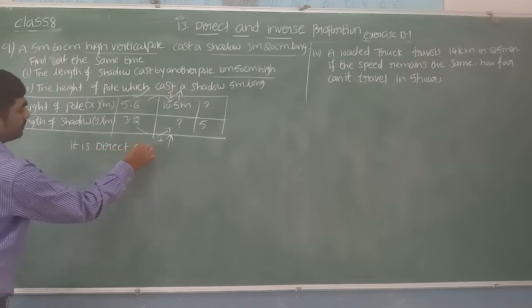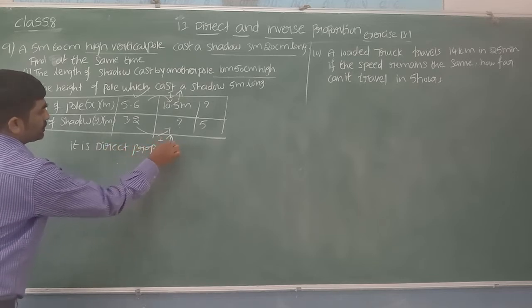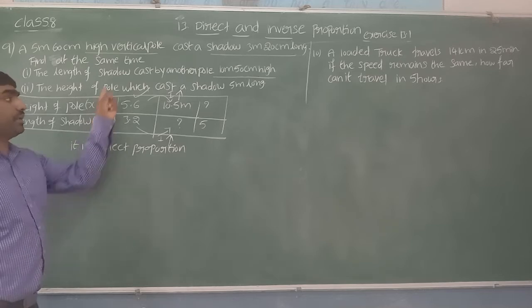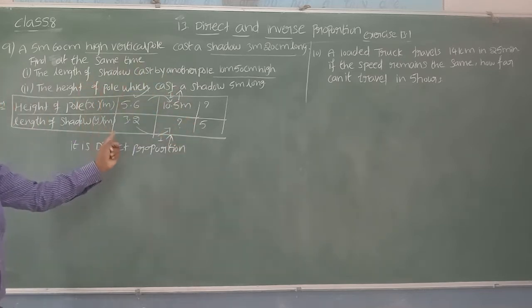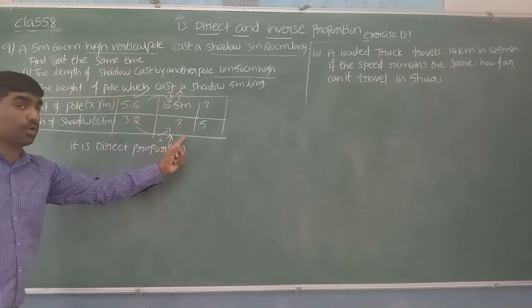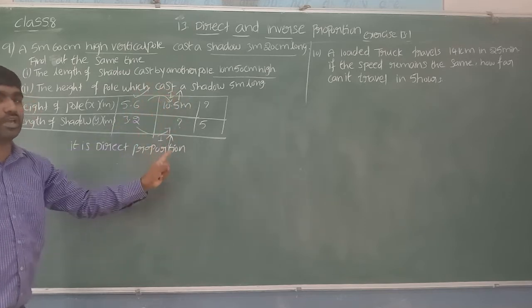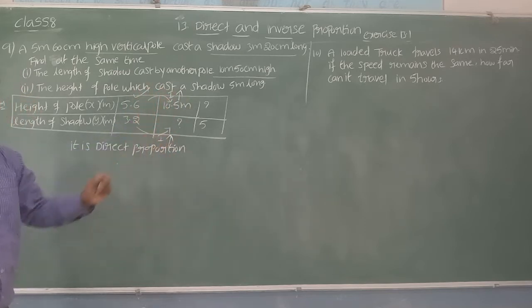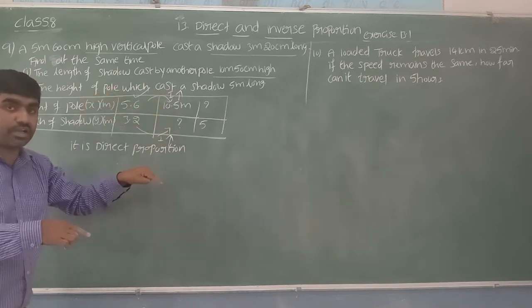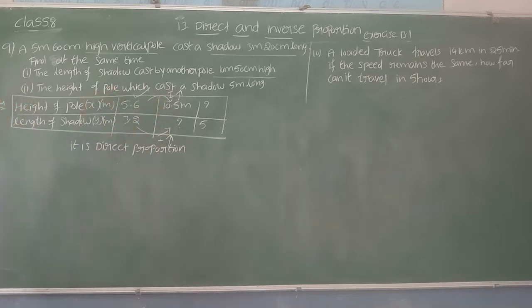Why is it direct proportion? Because when the height of the pole increases, automatically the length of the shadow also increases. It means both quantities are increasing. When both quantities are increasing or both are decreasing, it is in direct proportion.